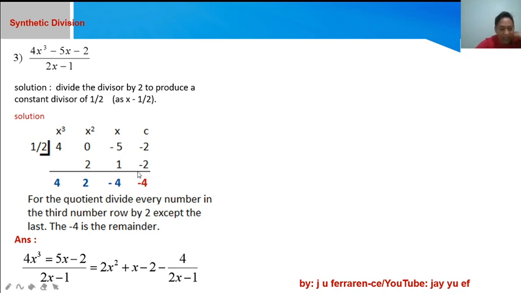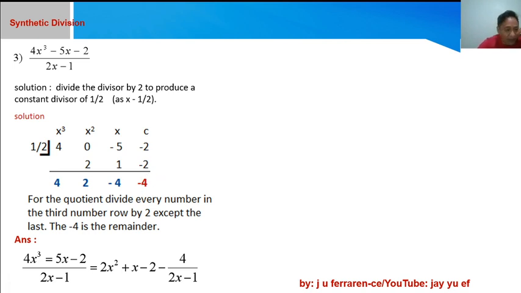Now, the remainder here, do not include this in dividing by 2. Why? Because this remainder will still be divided by your original divisor of 2x minus 4. So, only the elements of your quotient row will be divided by this coefficient. Do not include the remainder element.